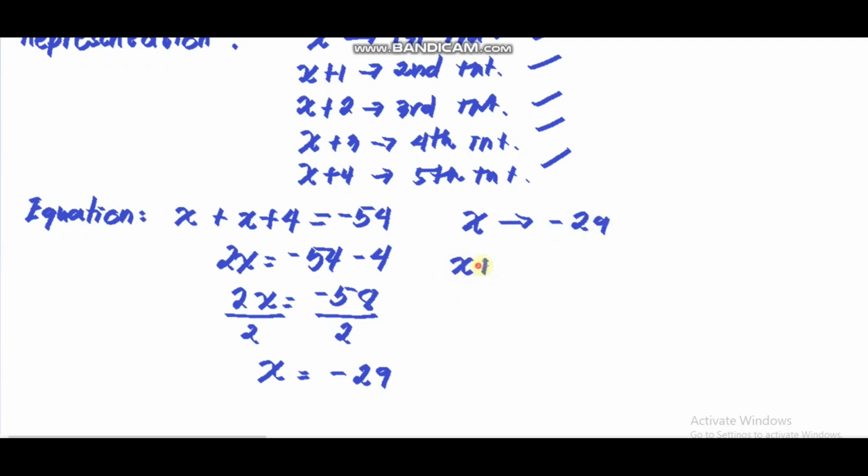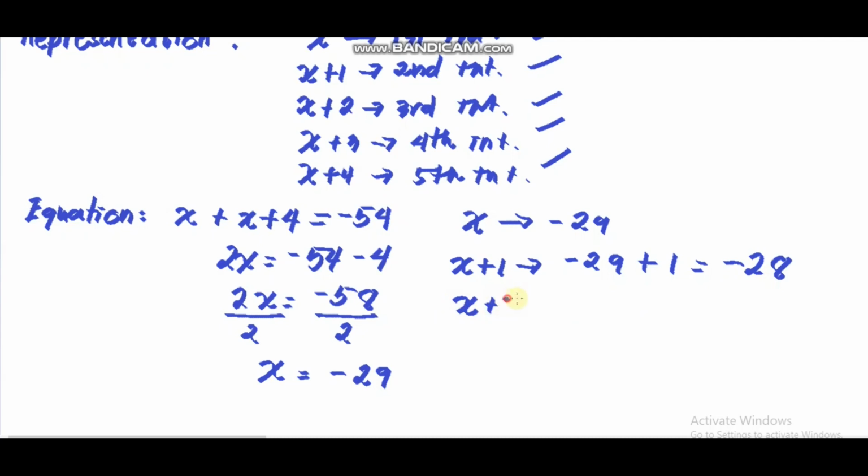And x plus 1, so that is equal to negative 29 plus 1. What do you think is the answer? Negative 28. So unlike sign, you're going to subtract and then copy the sign of the greater value. So 29 minus 1, that is 28. Since 29 is greater than 1, obviously, so we will copy negative. So our second integer is negative 28.